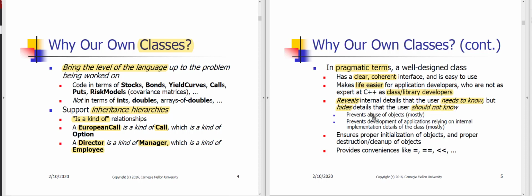This information hiding both prevents abuse of objects, for example, like I mentioned, of assigning 0 to a header node for a tree, and also prevents users from developing applications using internal details that they really shouldn't have access to. We will get both automatic initialization and automatic and correct destruction of objects.